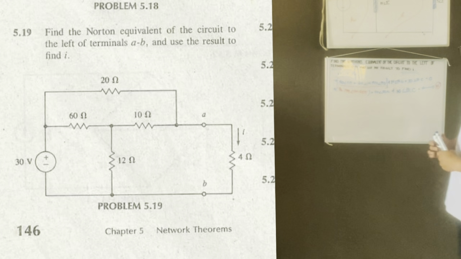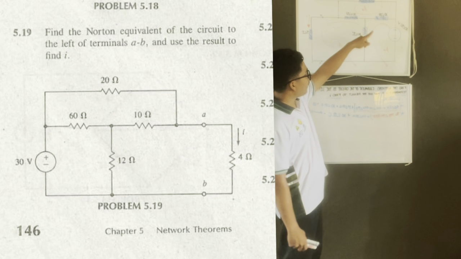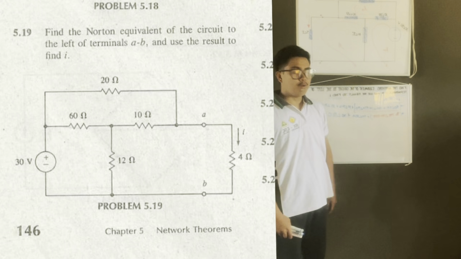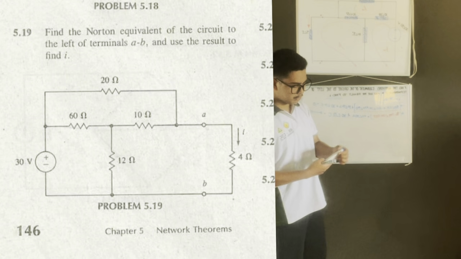Now, the second thing we do is to get the KVL at loop B. We will do the same.